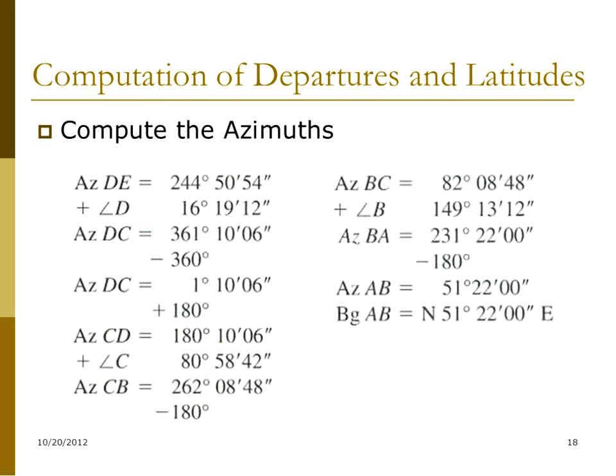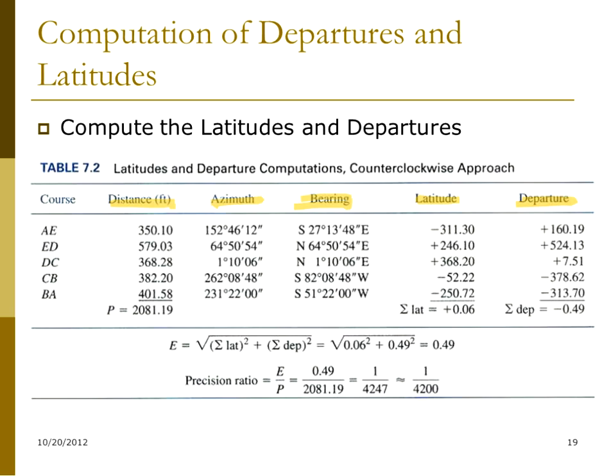But if you look at it on the chart, on the table, here we go. Our latitudes are just a tiny bit off, and our departures are just a tiny bit off. So we're going to go ahead and calculate that error. What does this error visually look like?